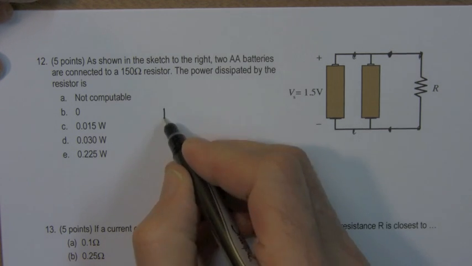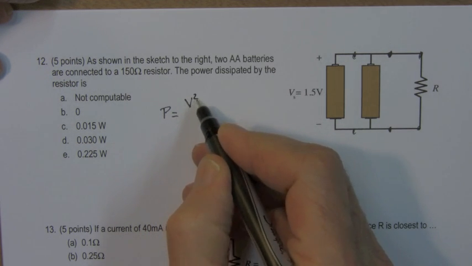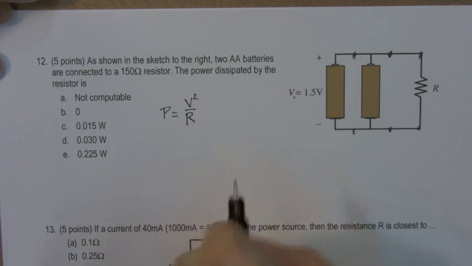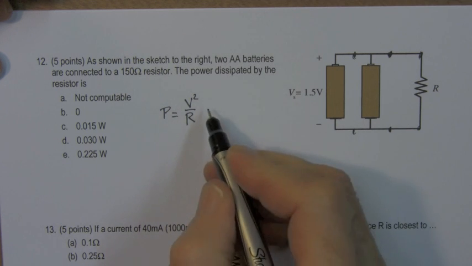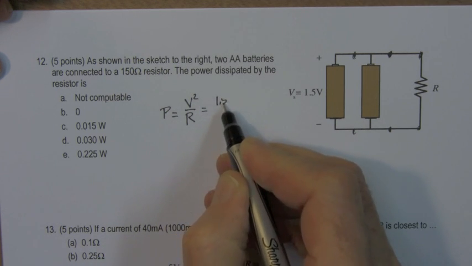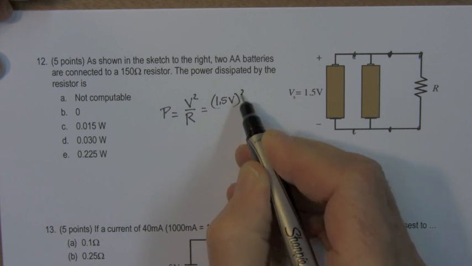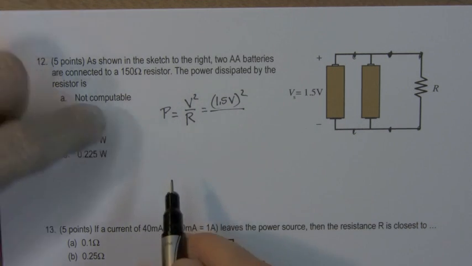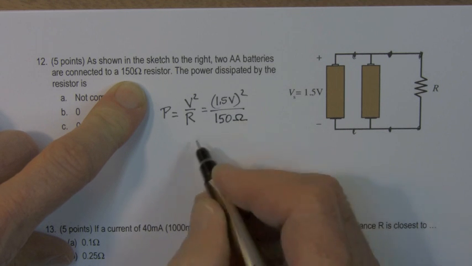So the power dissipated by the resistor is equal to voltage squared divided by the resistance value. That just comes from our definition of power as VI, and we substitute in Ohm's law. So this is simply equal to 1.5, which is our voltage, squared, divided by the resistance, 150 ohms.